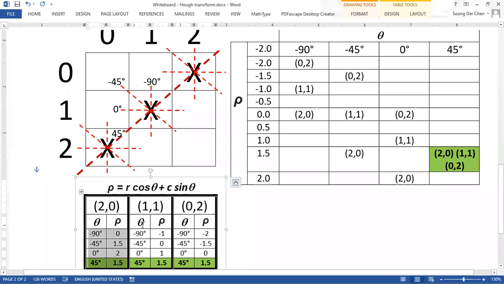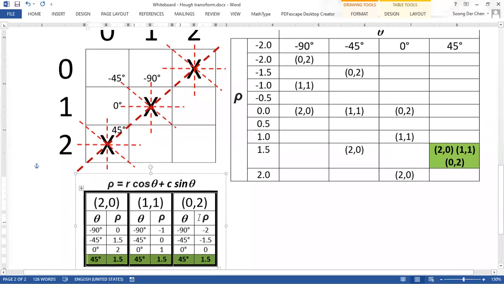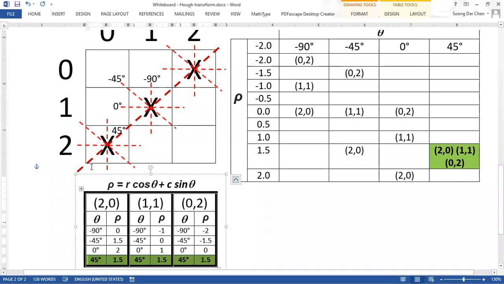If you list all the lines of different orientations that pass through these 3 points, you will notice that there is one line which exists in all 3 tables, which is 45 degrees, 1.5. This is the equation of the line at 45 degrees which passes through all the 3 points. That tells us this is the line that we are looking for, the line formed by these 3 edge points.